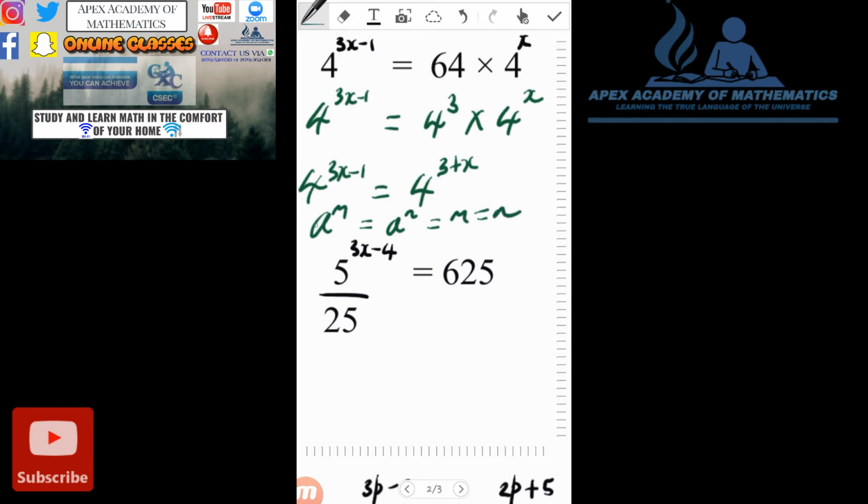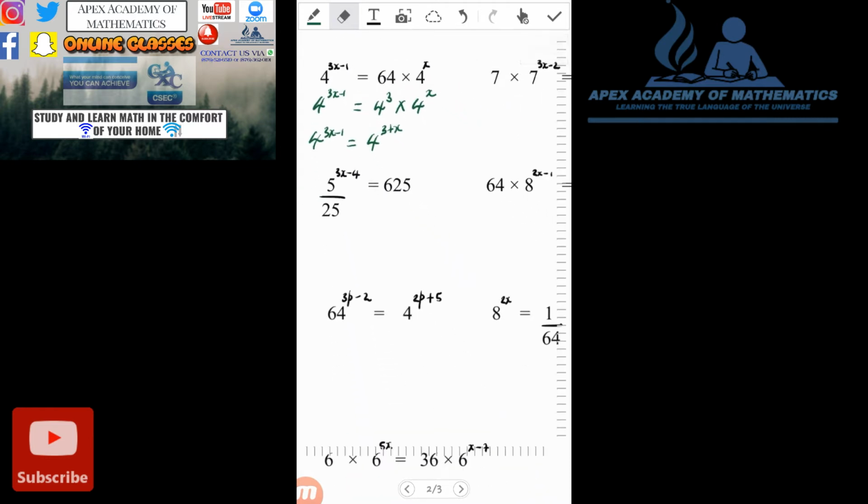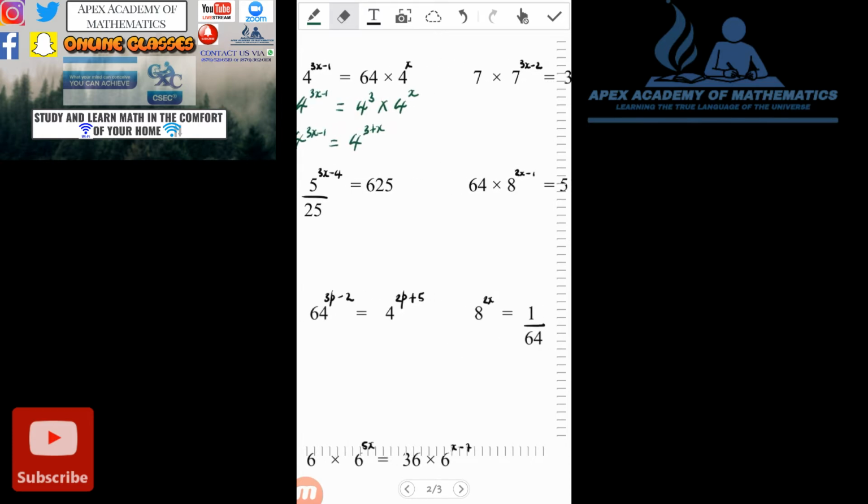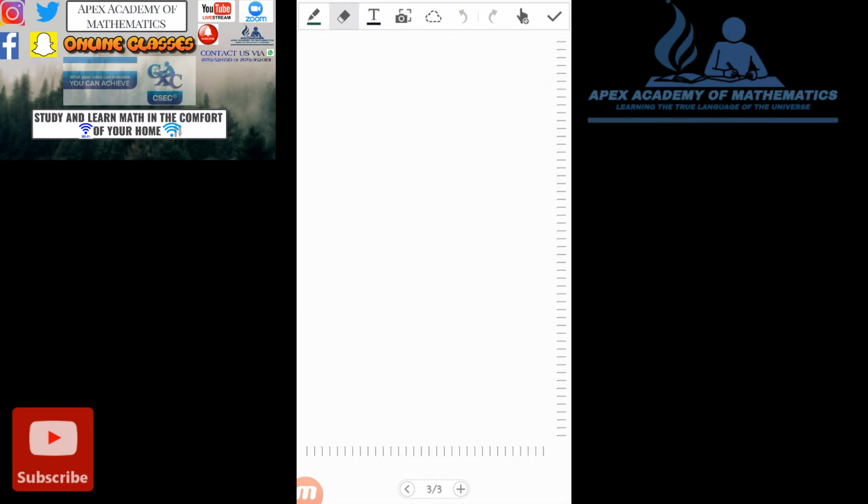Since we have the same base 4, we can just take the powers, which over here is 3x minus 1 and over here is 3 plus x, and equate them and solve. So 3x minus 1 is equal to 3 plus x, and then we're going to do our regular equation solving.